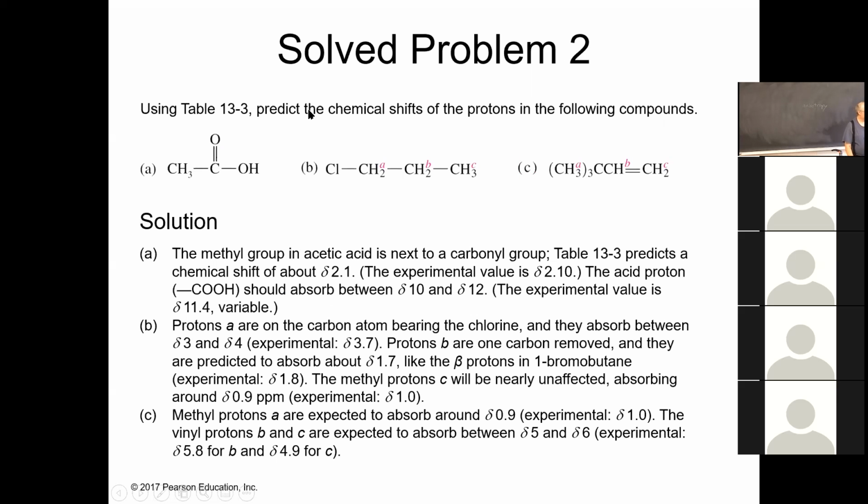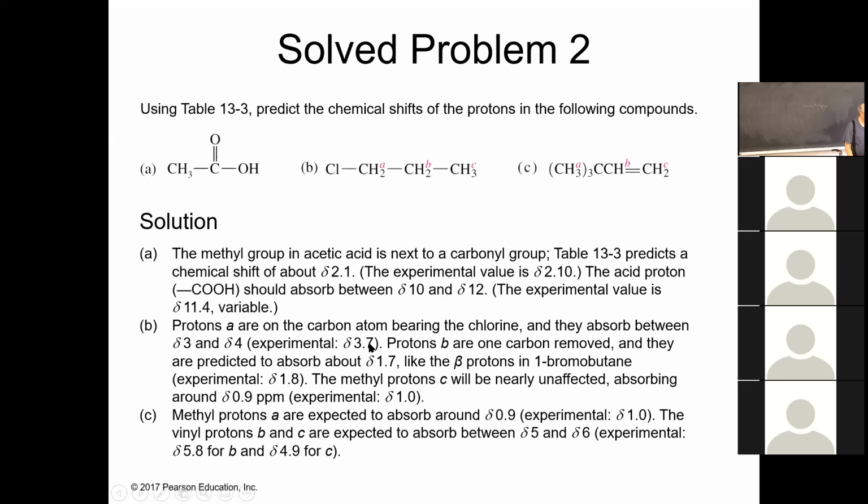Okay, predict the chemical shifts. Okay, the CH3 on acetic acid, that should be around 2.1. And then the carboxylic acid proton is going to be around 10 to 12. Okay, here we have 1-chloropropane. The alpha hydrogen should show up at about 3.5.